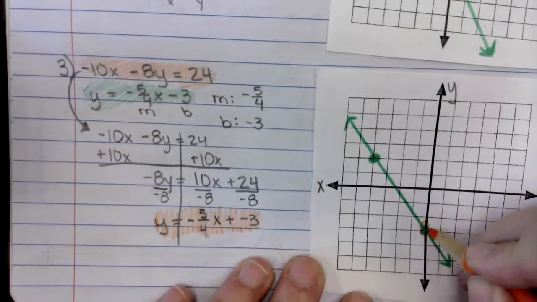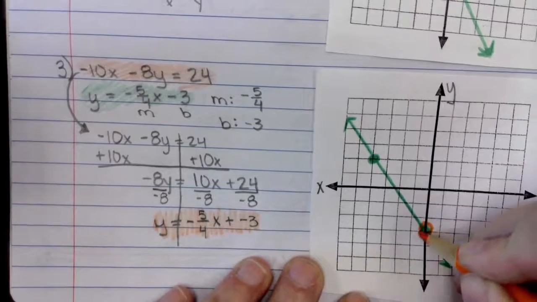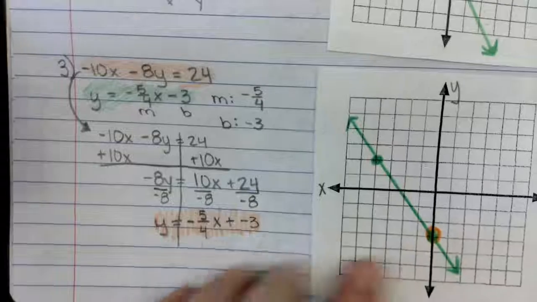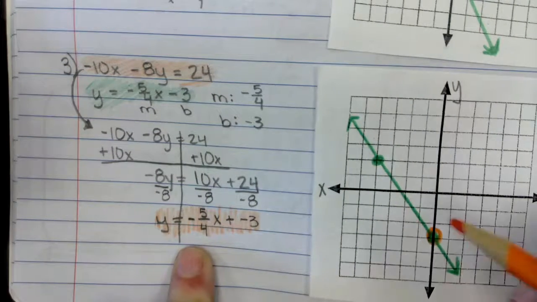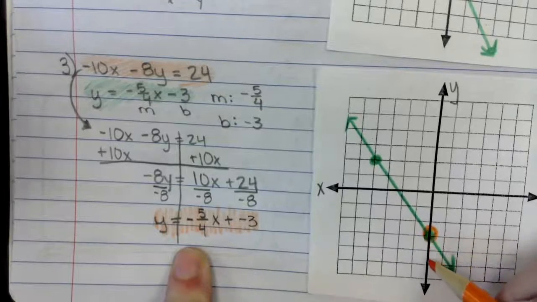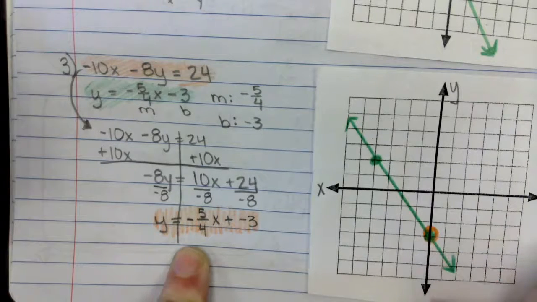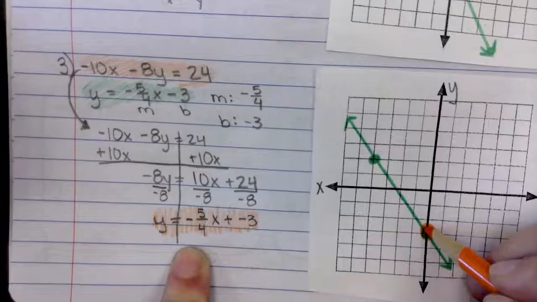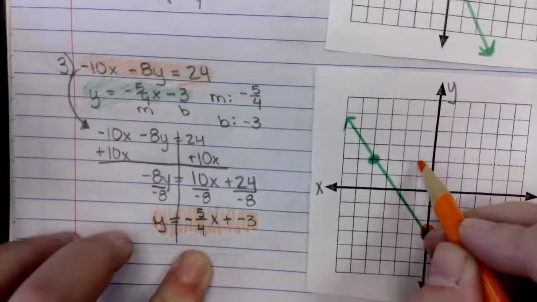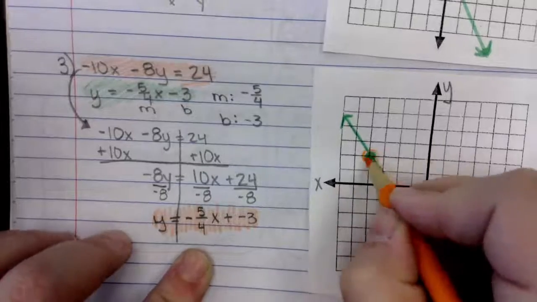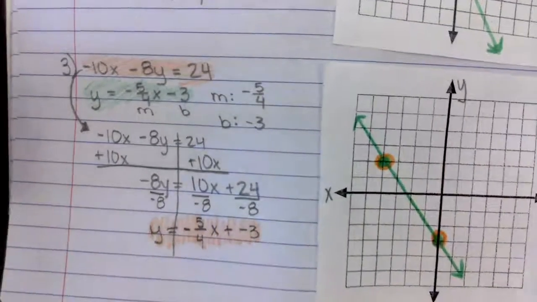So we're going to go up 5, and then we'd go to the left 4. It's the same line, which we could have figured out when we solved it, because it's the exact same. This one just says plus negative 3. This one says negative 3. But really, they're the same, right?